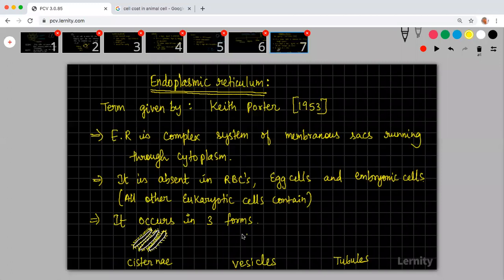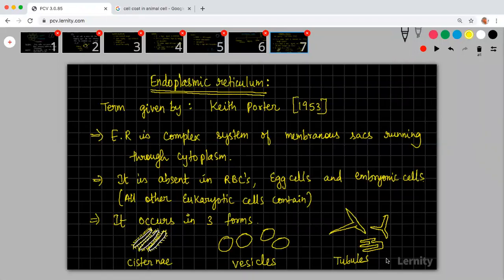The next one is vesicles. Vesicles are just spherical bodies. Then you have tubules. Tubules will be like this.